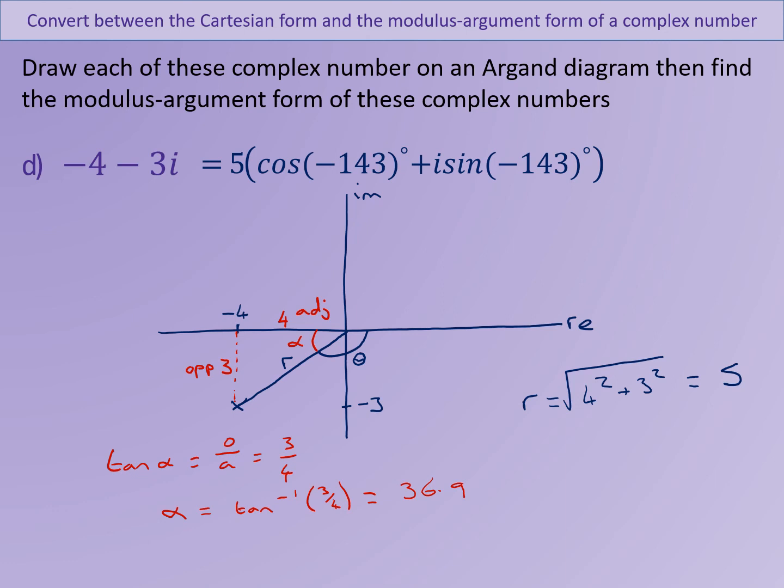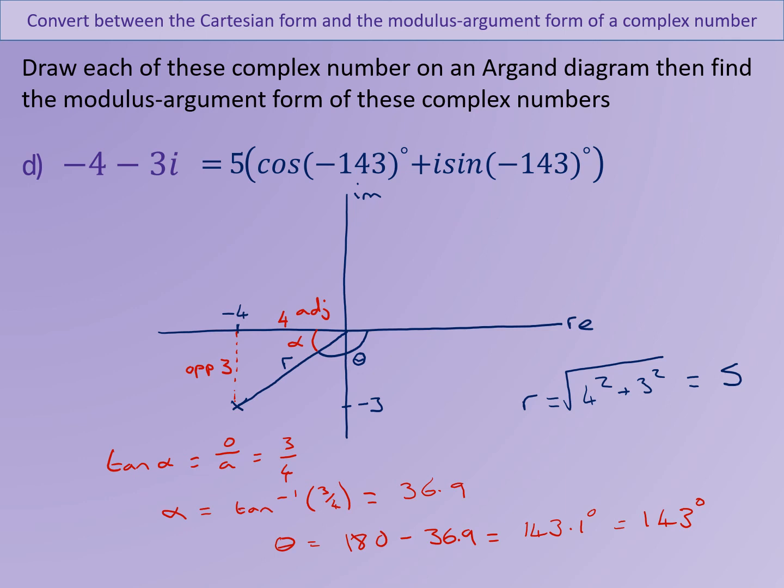Now, in order to find theta on the other side, we're going to do 180 minus 36.9, which is 143.1. But because we're just going to go to the nearest whole number, just going to go for 143.